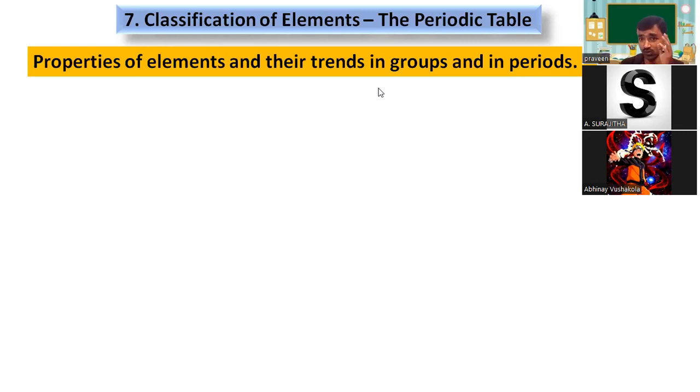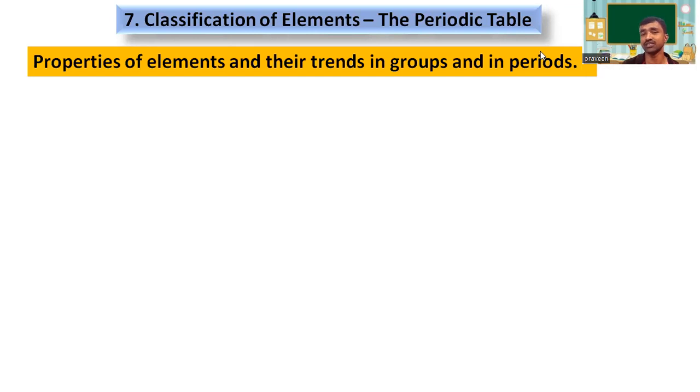So the modern periodic classification is based on what? Atomic number, changed to the electronic configuration concept. So what is electronic configuration? Distribution of electrons into the various energy levels and sub-energy levels and into the degenerate orbitals, right? That distribution we will also learn in the structure of an atom.